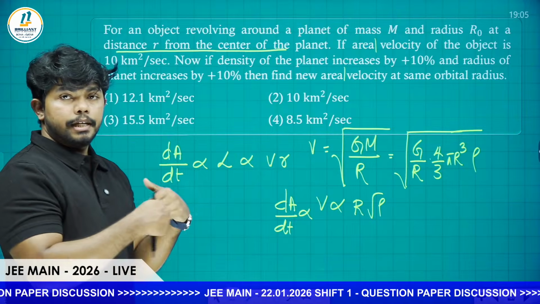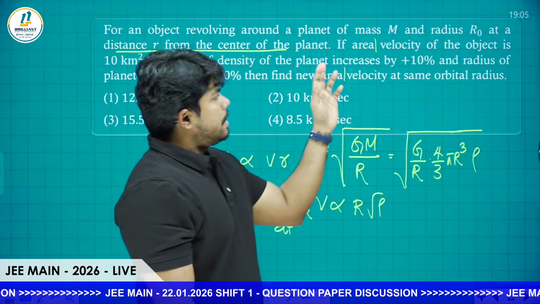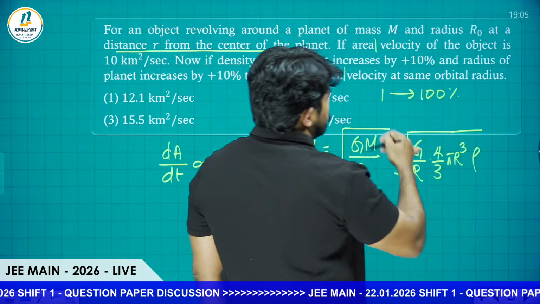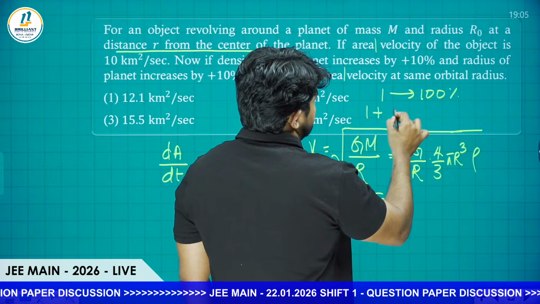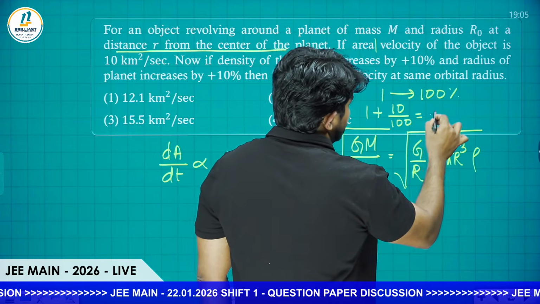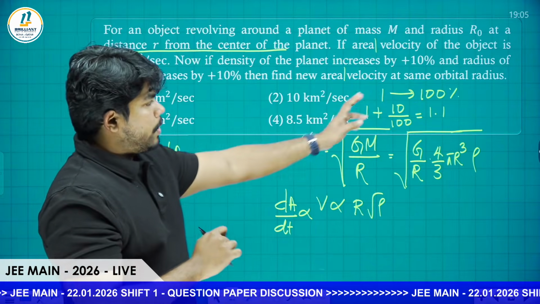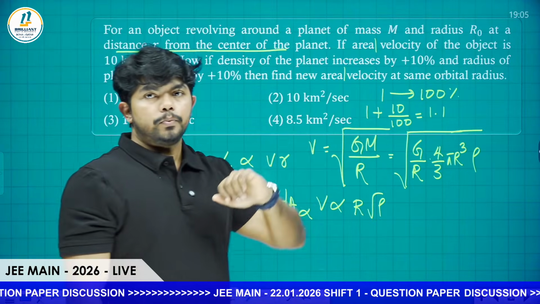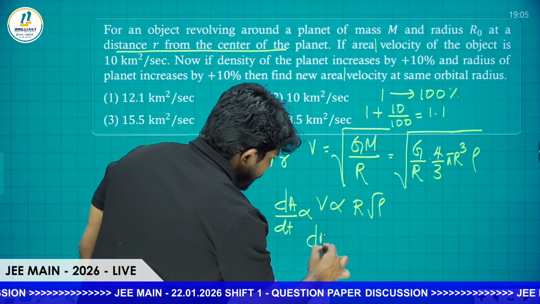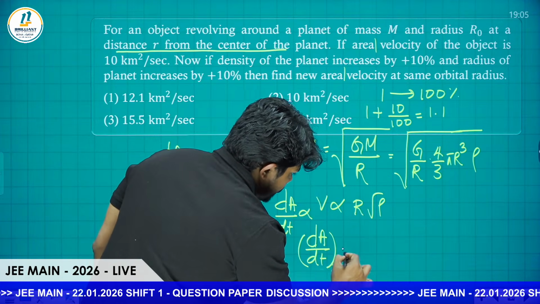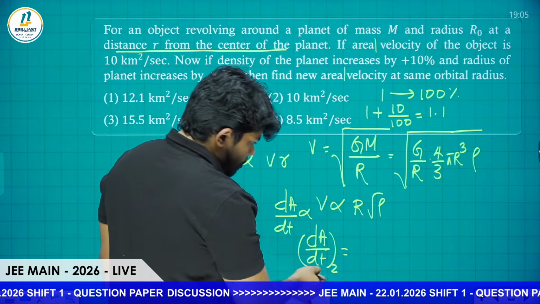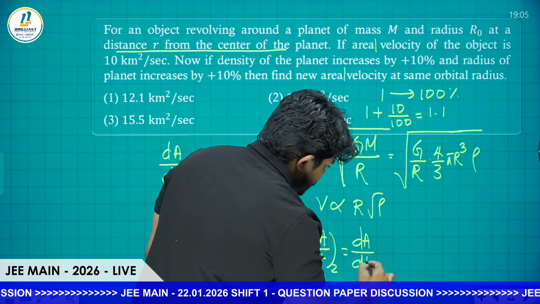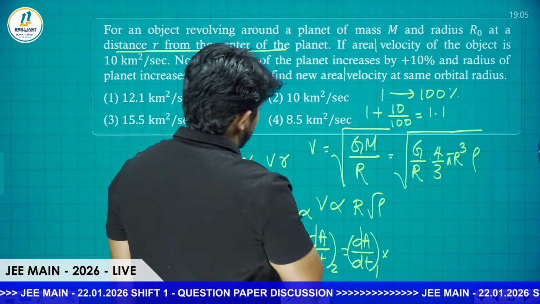Whenever there is a term like increased by 10%, you can take the original as 100%, so increased by 10% means 1 plus 10 divided by 100, that will be 1.1, isn't it? So 1.1r will be the new radius, and 1.1 rho will be the new density. So we can write dA by dt 2 divided by dA by dt 1, and dA by dt 1 we know, so we multiply that here.